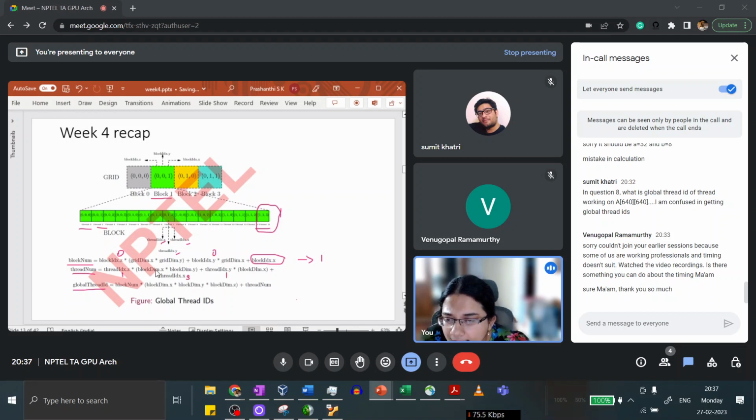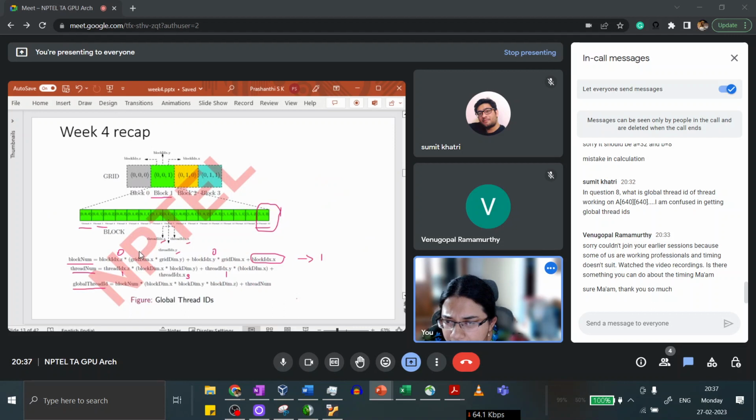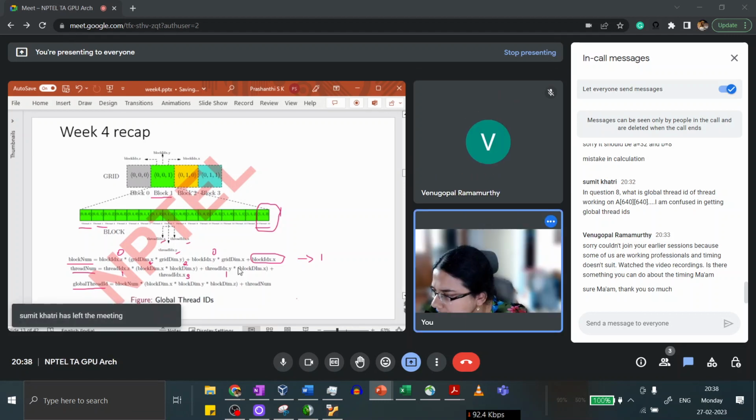And then block dimension dot x into block dimension dot y. So I think the x and y came from the previous slide, right? So x was 4, 2 and 2, right? I think so. Correct me if I'm wrong. So this was 4, 2 and 2.